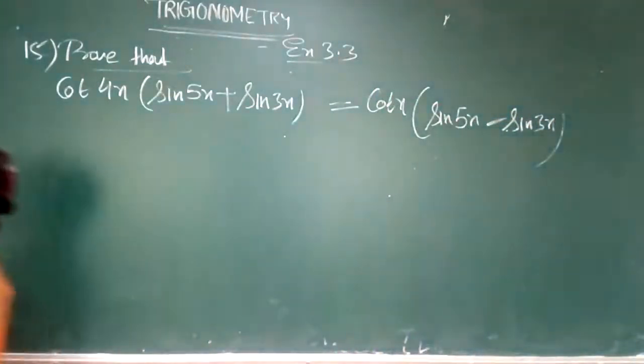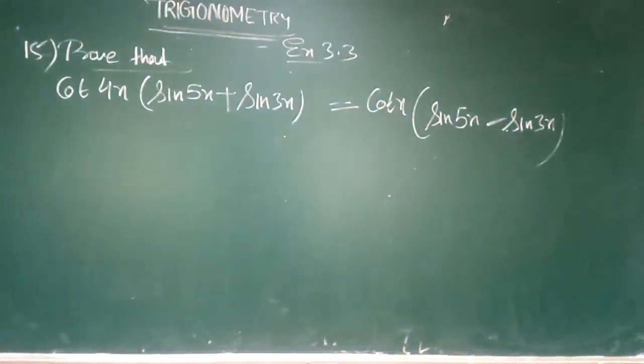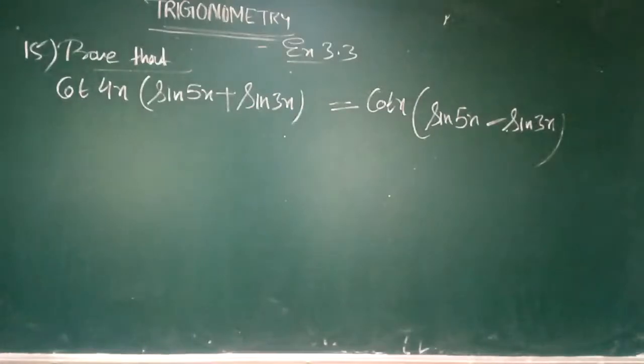Check the question. Question number 15 is cot 4x into sin 5x plus sin 3x equal to cot x into sin 5x minus sin 3x.